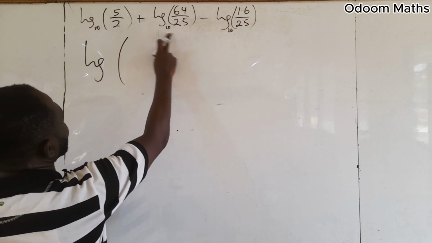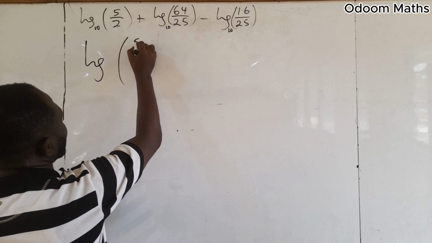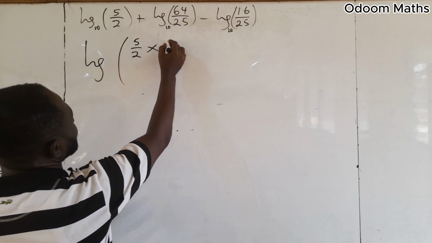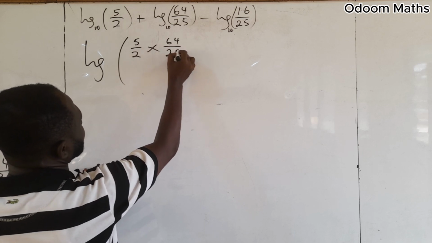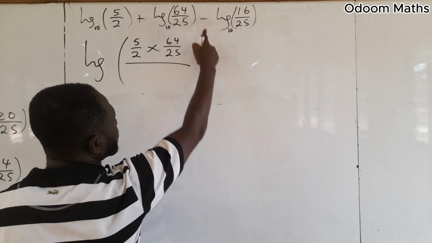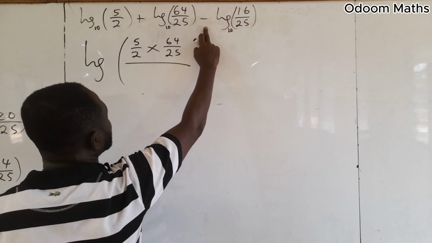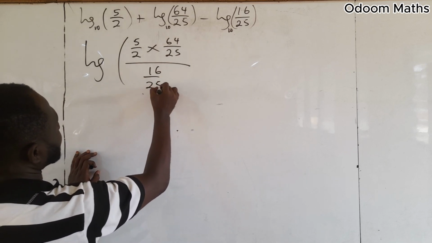Then this one and this one having the same base, add them. So we can say 5/2 times 64/25 over, because of this minus, so divided by, because they have the same base and subtracting, so divided by 16/25.